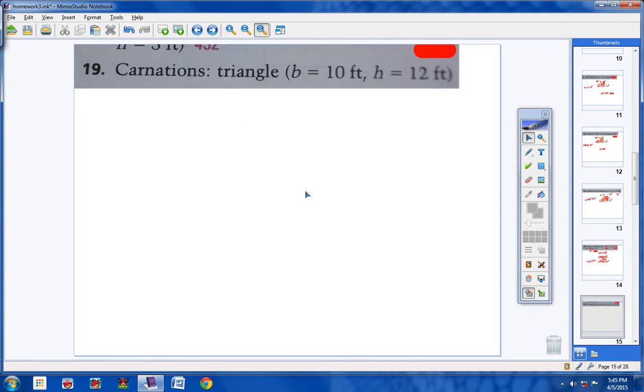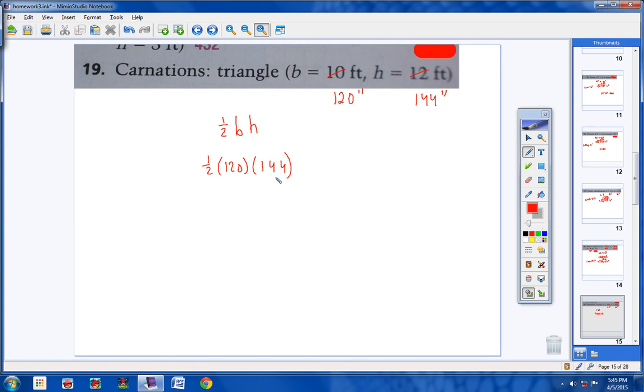Alright, number 19. We have a triangle. How do you find the area of a triangle? It's going to be 1/2 base times height. Well, 10 feet would be 120 inches, and 12 feet would be 144 inches. So I really have 1/2 times 120 times 144.